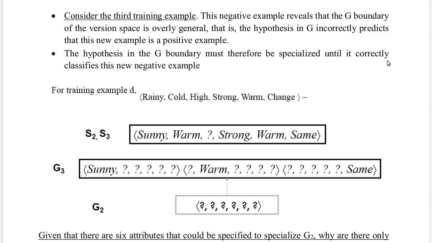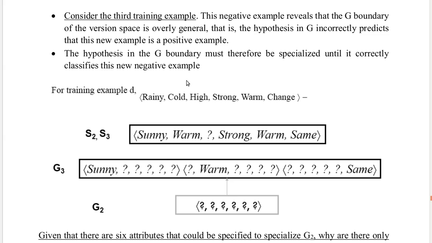Now if we look at the third training example and the S2, what we can say is when the value is sunny, then it will be a positive example. So my G3, the first hypothesis, will contain sunny followed by all question marks. Then the second attribute in the training example is cold.